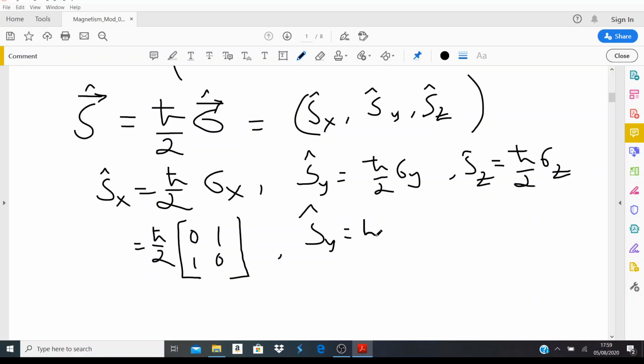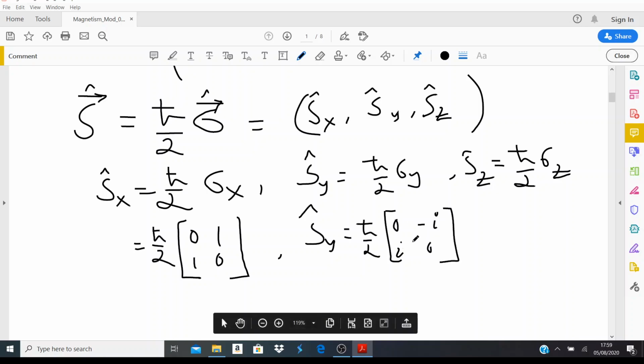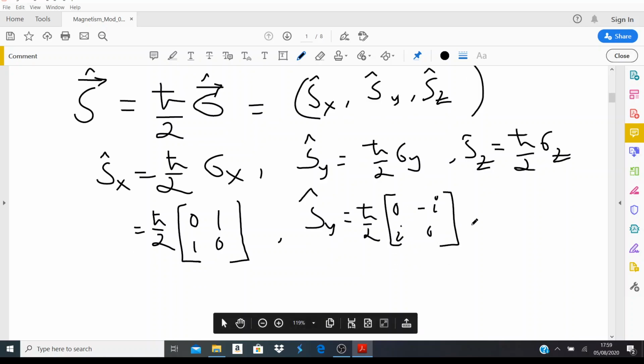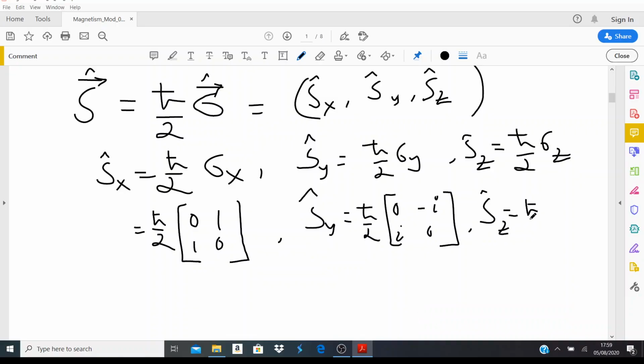The same story. We have another 2 by 2 matrix here: 0, minus i, i, 0. And also the z component of this spin operator is a 2 by 2 matrix. That's an important observation for the spin of the electron.